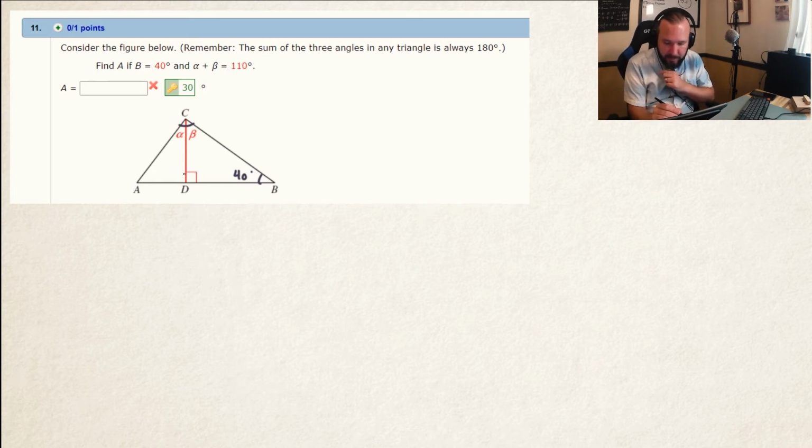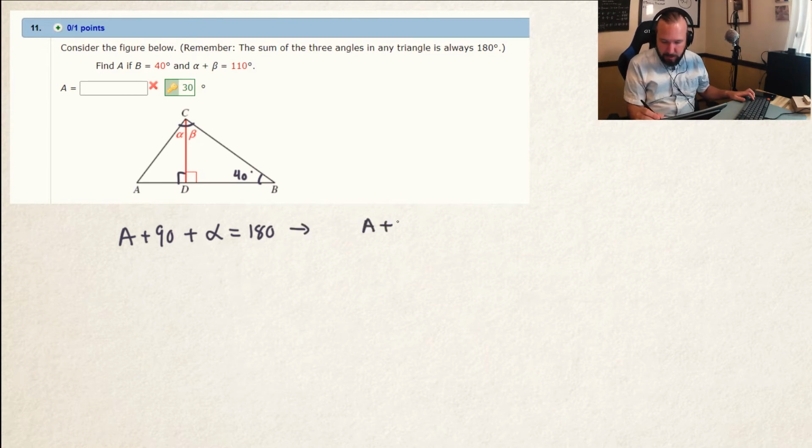And I'm looking for A, and this is 90 right there. So first let me just use this triangle and the 180-degree rule and see what I get. A plus that 90 right there plus that alpha up there has got to equal 180. So this simplifies. This means that A plus alpha equals 90.